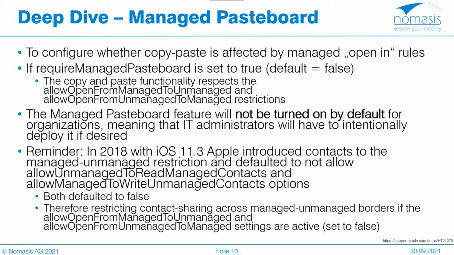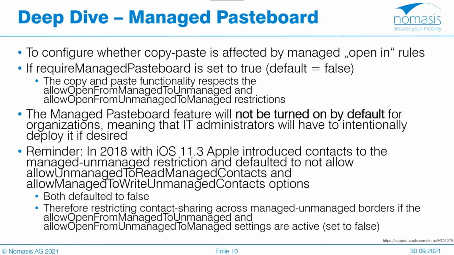As a quick reminder, in 2018 they also introduced a new setting regarding contacts. The managed unmanaged restriction was introduced, I think, in iOS 6 or 7, a long time ago, and they have subsequently been adding new options that should respect this whole managed unmanaged separation.